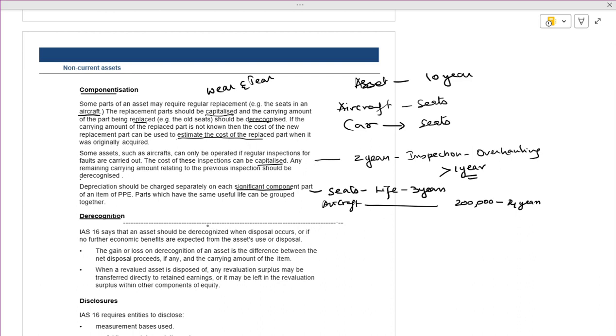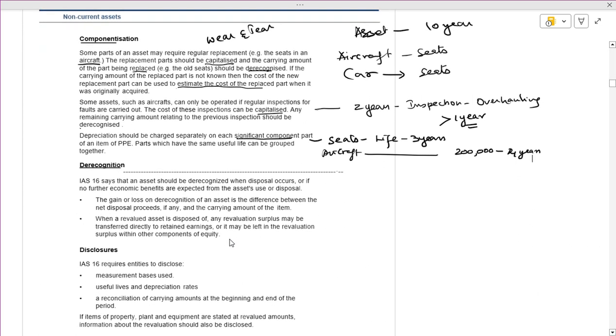And the next one, how do you derecognize when disposal occurs, or if there is no further economic benefits, then you have to derecognize. The gain or loss on derecognition of the asset is the difference between the net disposal proceeds, if any, and the carrying amount.